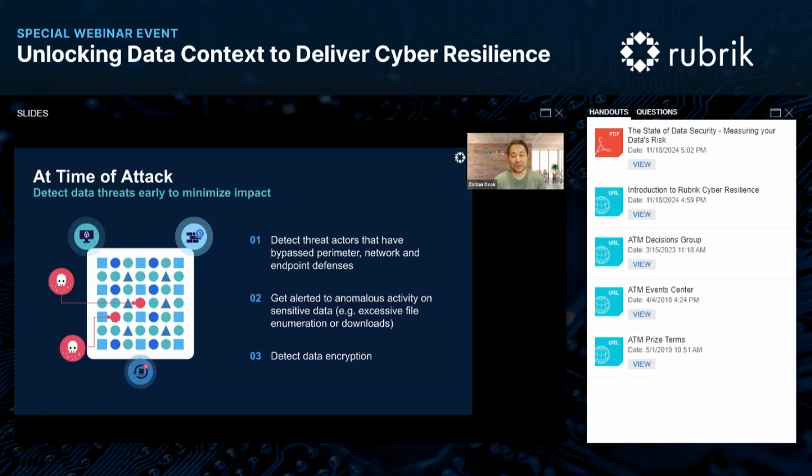Again, with the focus on your data. We want to scan for IOCs, of course, but there are also indicators in your data itself. Is your sensitive data being encrypted or duplicated? Is that data being downloaded? Is access to sensitive data expanding in an abnormal way?